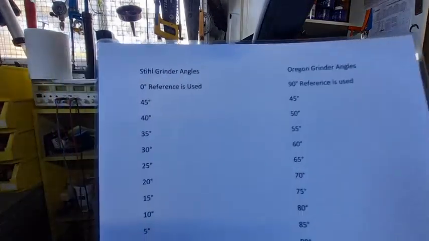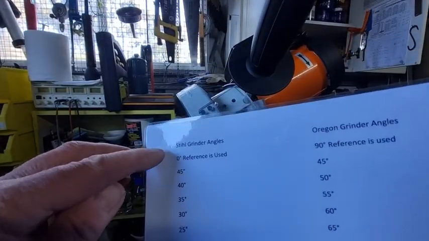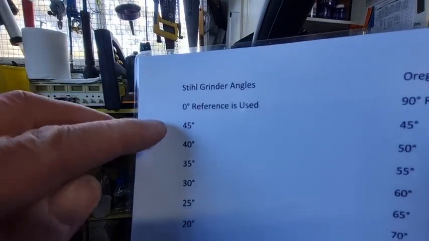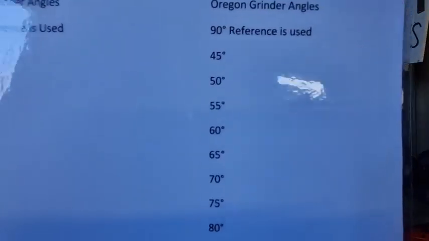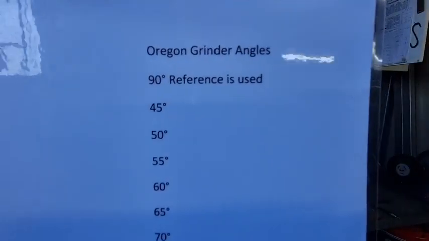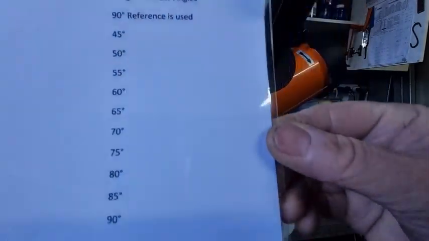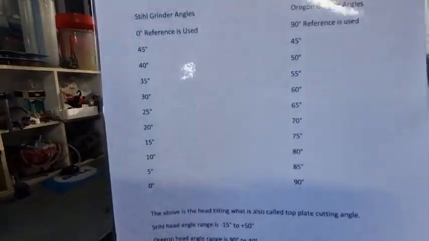So I actually wrote them down here. On the left side, you can see Stihl angles, 0 reference used, 45 all the way down to 0. And on the other side, corresponding, we've got Oregon grinder angles, 90 degrees reference point all the way down there. So it is different.